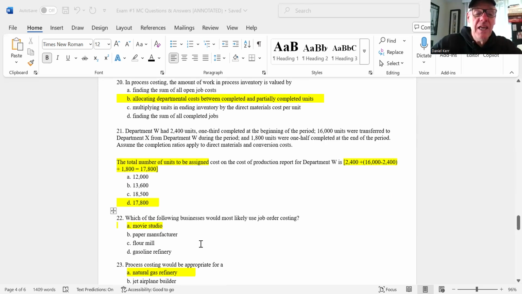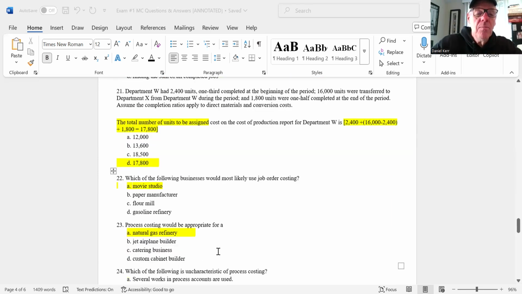So the answer there is A. Process costing would be most appropriate for a gas refinery. B, C, and D are all classic cases of job order costing. With natural gas, you would measure cubic feet or cubic yards or whatever. One is the same as the other, so they would use process costing.